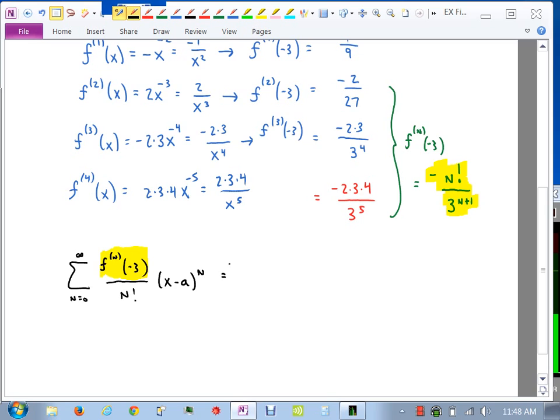So we have this equals sum n equals 0 to infinity. What? Negative 1, be careful, that negative 1's still there. Over 3 to the n plus 1. Then x plus 3 to the n.